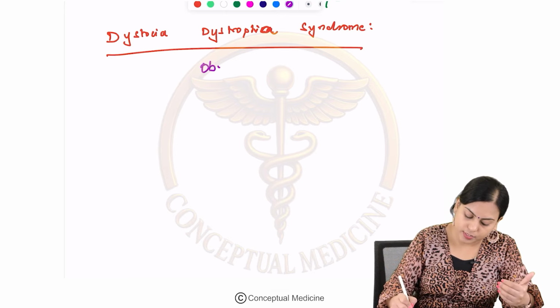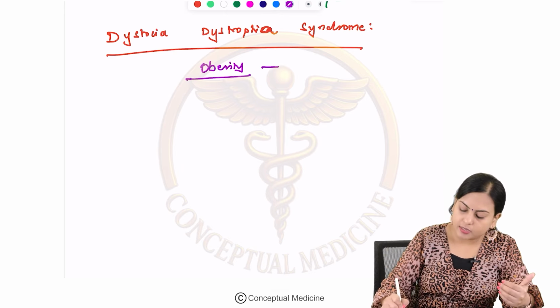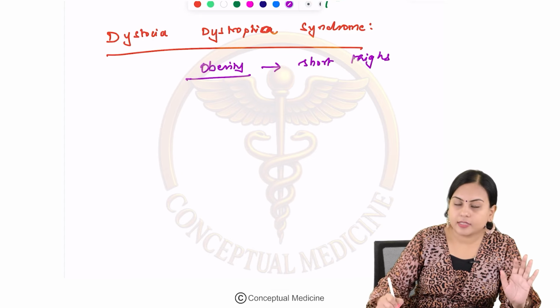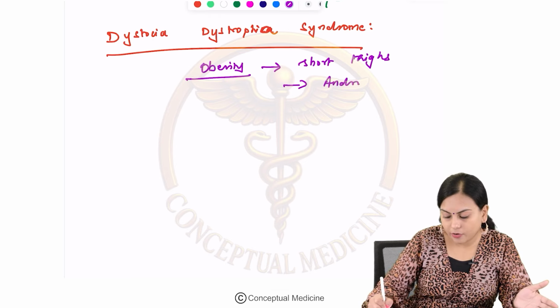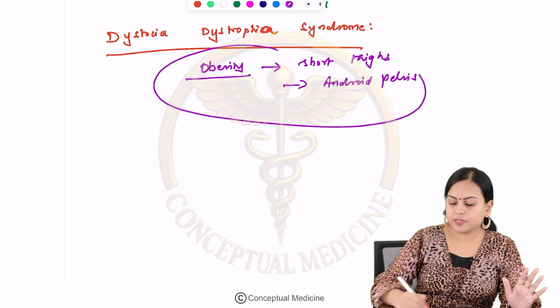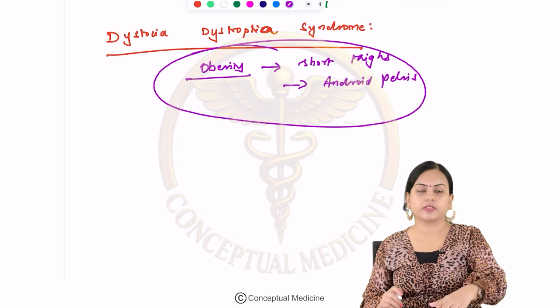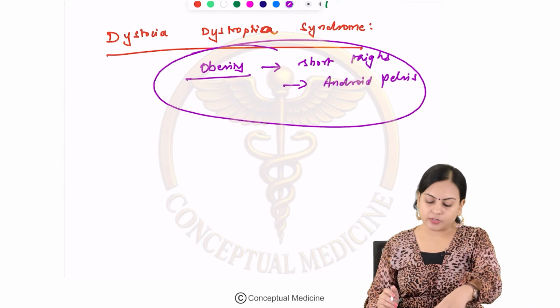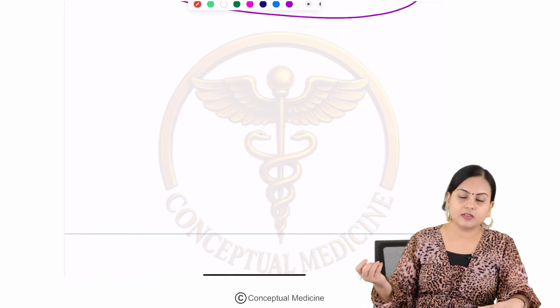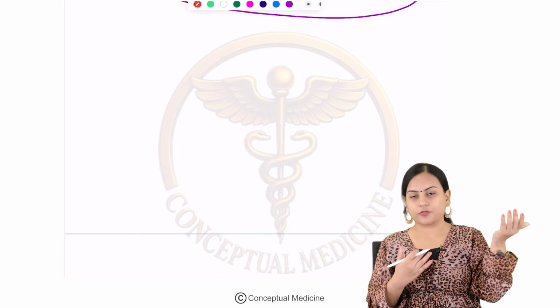Okay, so there is obesity and there are short thighs. And this woman will mostly have an android pelvis. So, this combination of obesity with short thighs and android pelvis is known as dystocia dystrophica syndrome. Clear? Right.